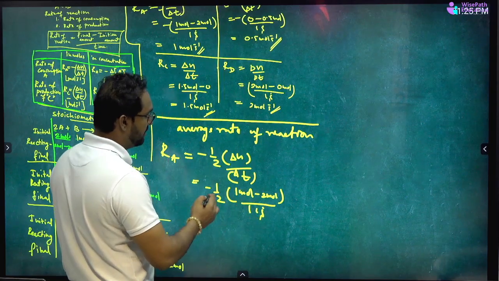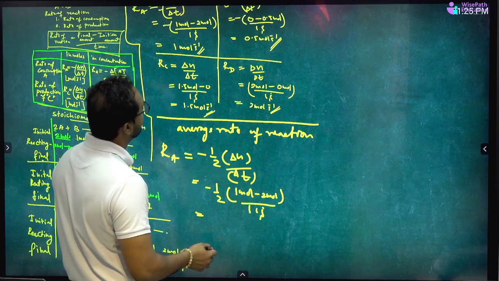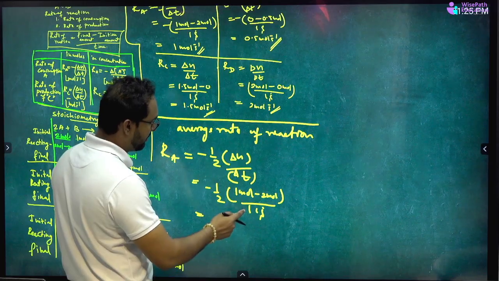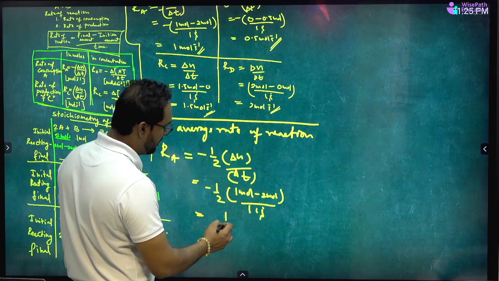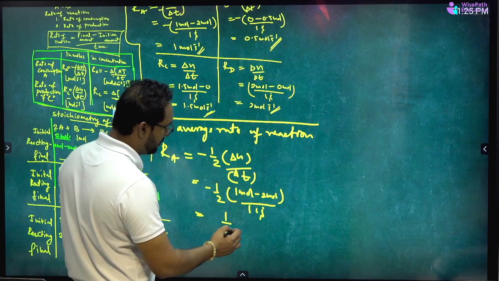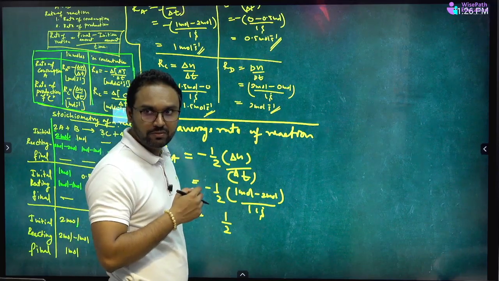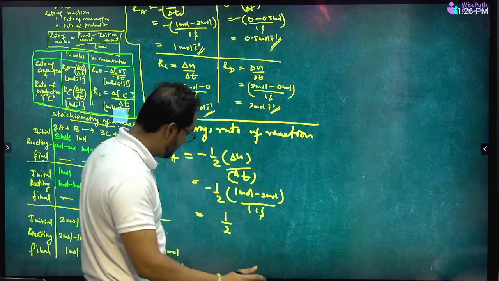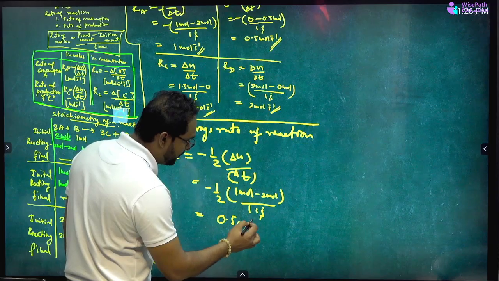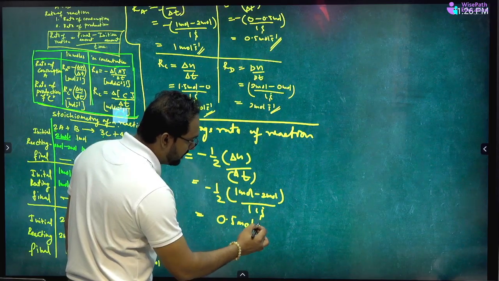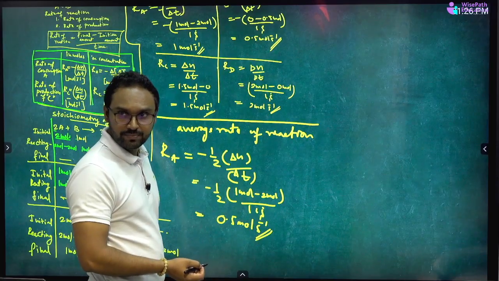The 2 cancels out, sorry, there will be 1 over 2, or 0.5. So 0.5 mole per second is the rate of reaction now. Correct?